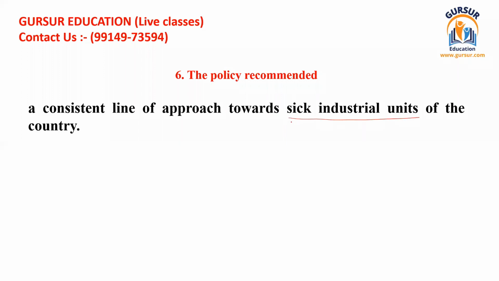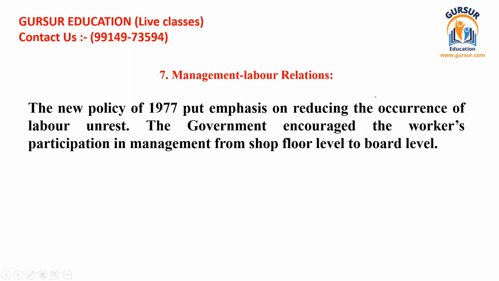Whichever the industry, the government felt that it was good for the fortune and the future of the country, but they are not performing well or they are underperforming. For their revival as well, the government took a number of initiatives. So these were known as the sick industrial units.